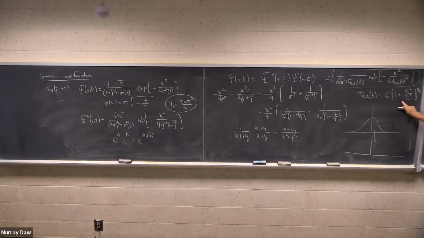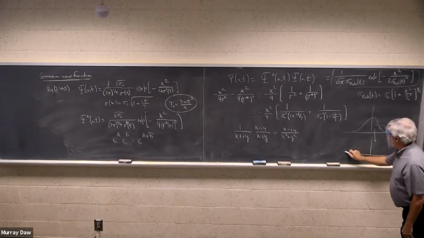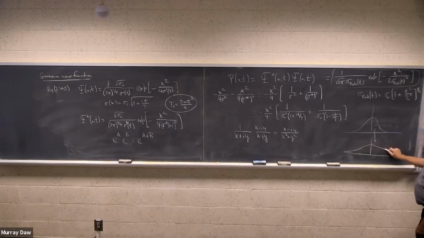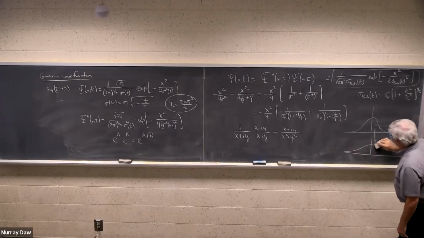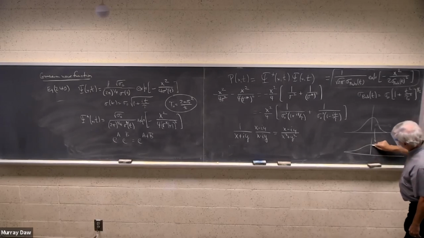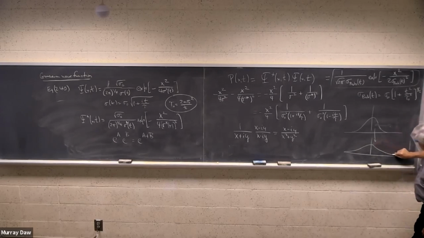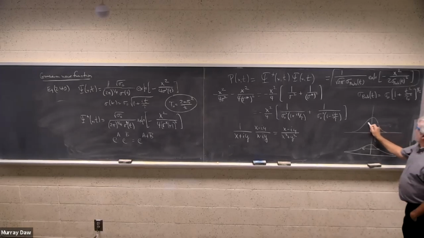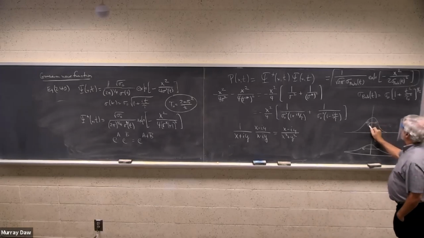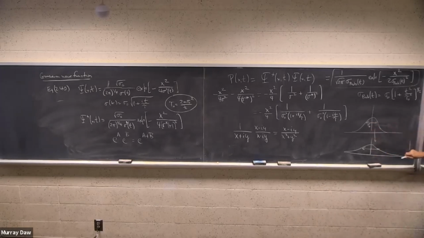As time goes on, this width will increase, so the probability is a Gaussian with a wider distribution. Sigma corresponds to the width of the distribution. So it starts off with width sigma naught, and after some time t, it's increased to this width.